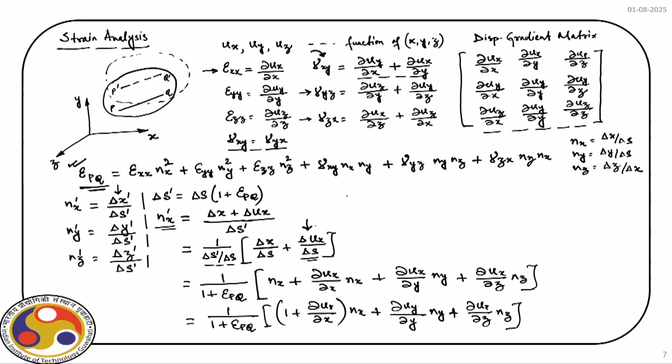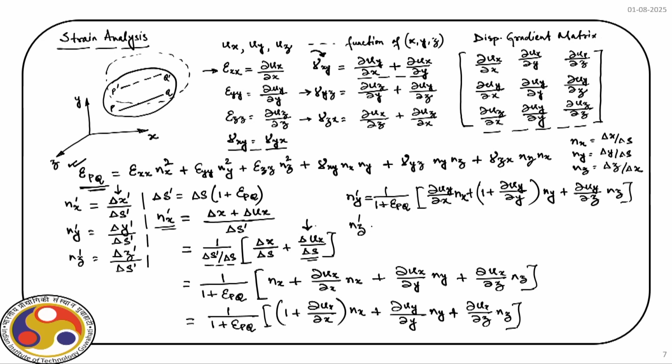Similarly, we can also derive the expression for ny prime. What will be that quantity? It is 1 by 1 plus epsilon PQ within bracket, plus we have uy differentiated with respect to z and then nz. Similarly, nz prime is 1 by 1 plus epsilon PQ times its bracket.